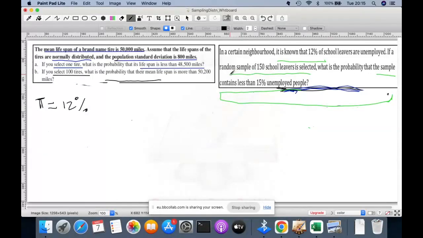Now you've taken a random sample of 150 school leavers, so your sample size n is 150. The question is, what is the probability that the sample contains less than 15% unemployed people?